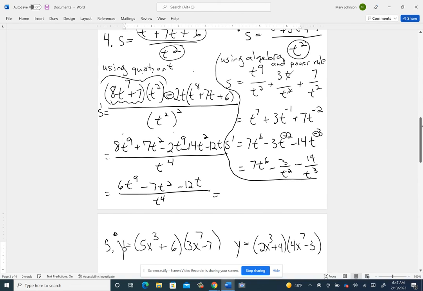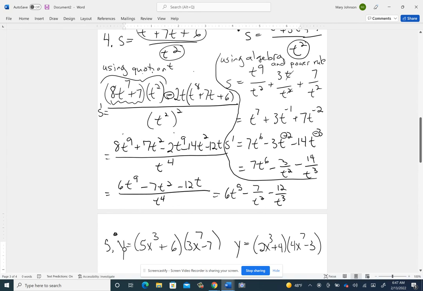I'm going to divide t to the fourth into each piece, or I could factor out a t and leave things in factored form. If I divided the t to the fourth into each, I have a 6t to the fifth minus 7 over t squared minus 12 over t to the third. So that's one version of the answer to it.